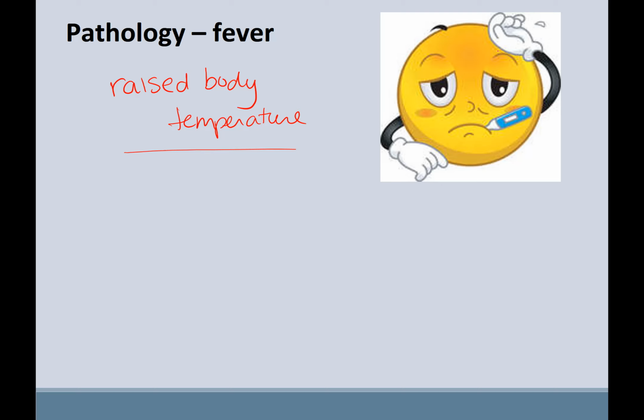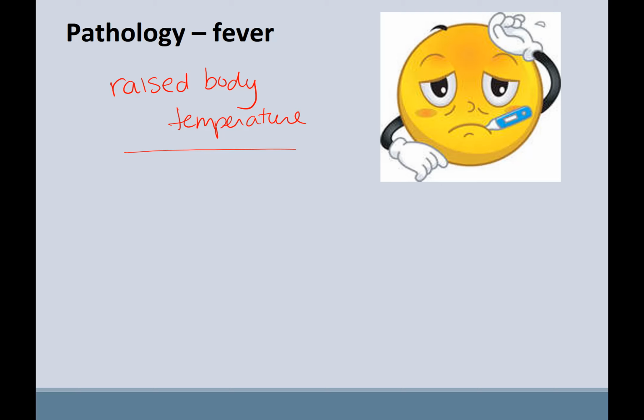Okay, so denaturing the proteins by heating up the system. The problem is this is not specific to the pathogens, and so you can actually cause damage if you have a high fever too long. Right? It'll denature your own proteins as well as the pathogens.